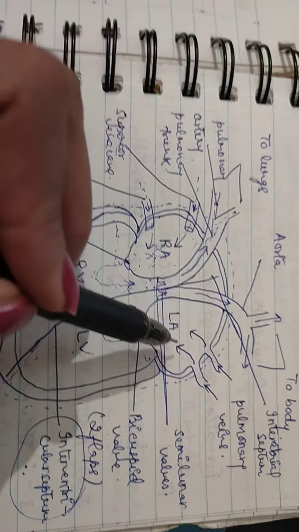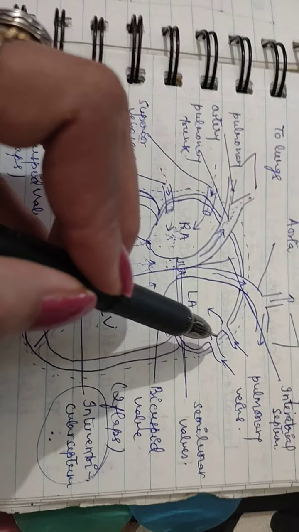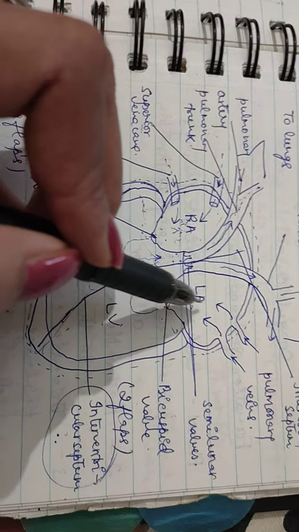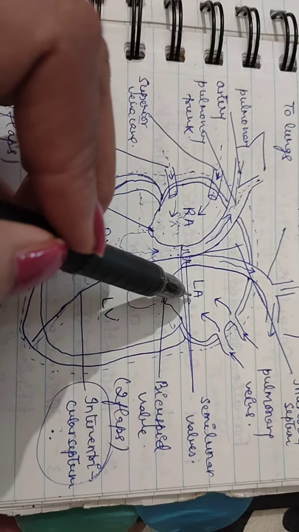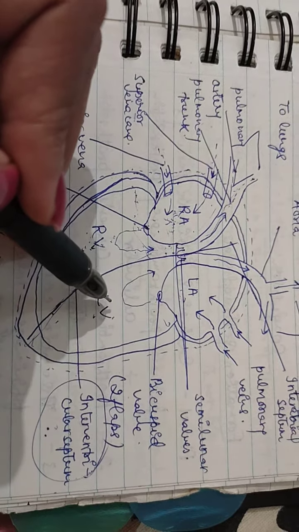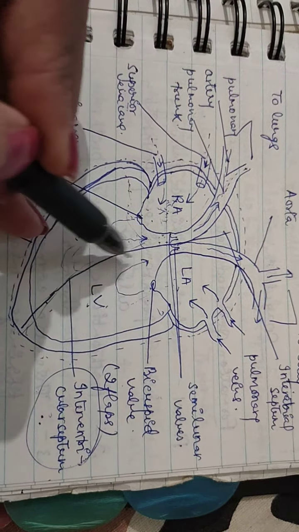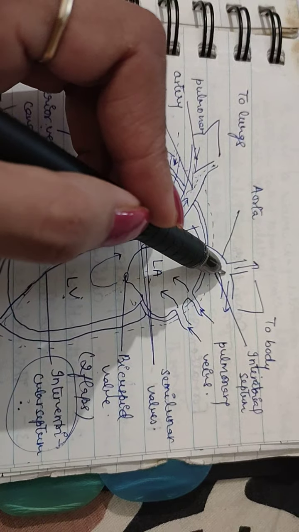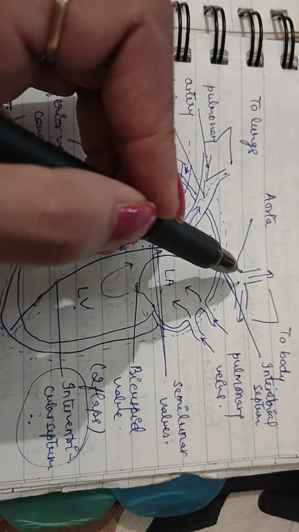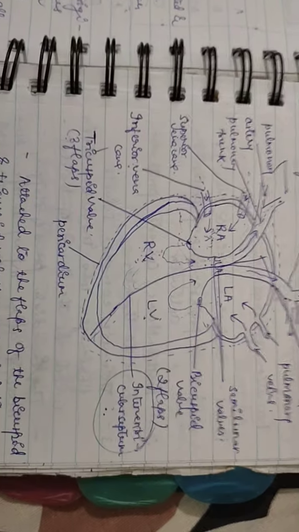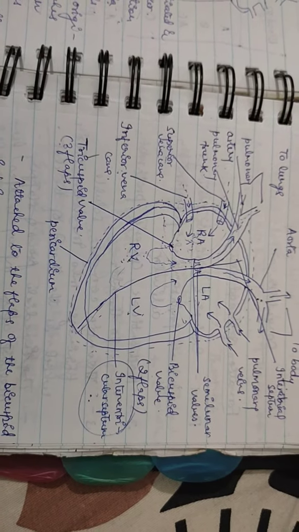The pulmonary vein forwards this blood to the left atrium, then left ventricle, then it goes to the aorta, to the whole part of the body except the lungs. So this is all about the double circulation.